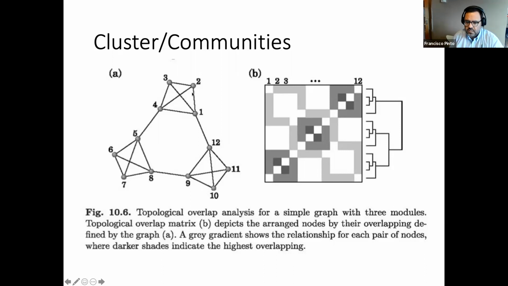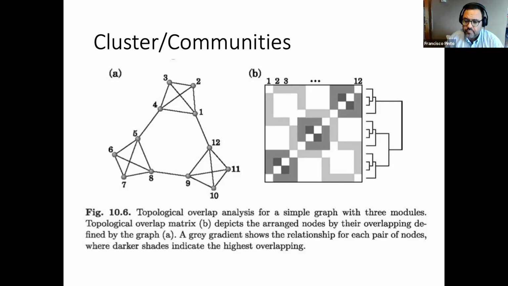And you keep doing that, joining nodes until you reach the maximum modularity possible. So you cannot be sure that you reach the maximum modularity possible, but it's a heuristic to get an answer that possibly is close to the absolute maximum of modularity.